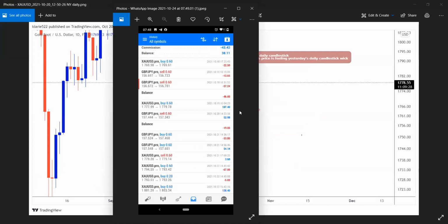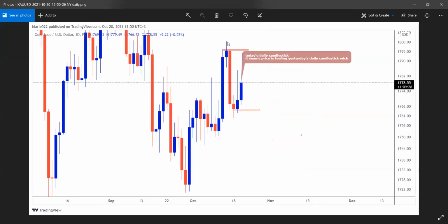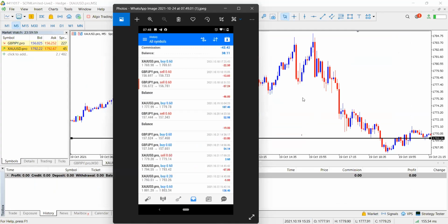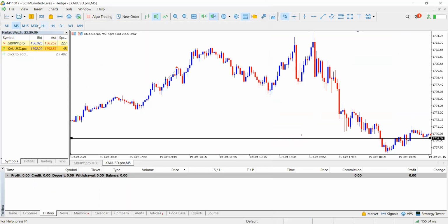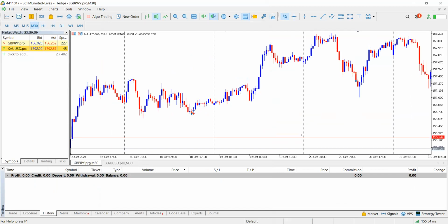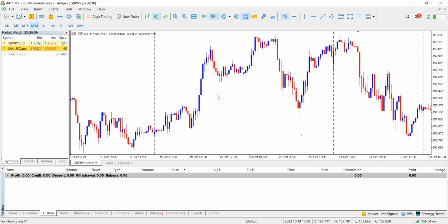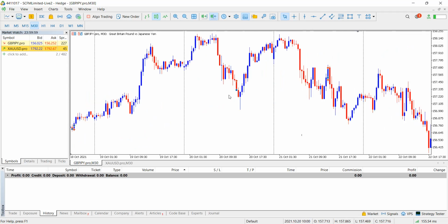So date 20 I took GBP JPY sell. Date 20 I took one trade hata hiyo that day. I took one trade and closed in profits, 10 pips profit. Wacha tuione iko wapi hiyo date 20. Oh, it's this one. Ndio hii move hapa.